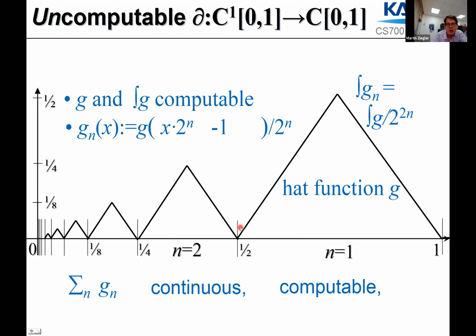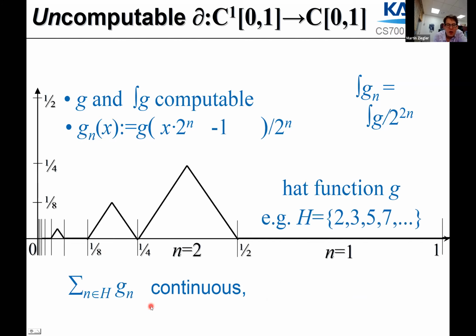But now we're going to spice things up a little bit by throwing in the halting problem, if we do want to construct something uncomputable after all. And to this end, we're going to remove some of these heads from our series. We're going to let the series index n run only over all n that belong to the halting problem H, right here.